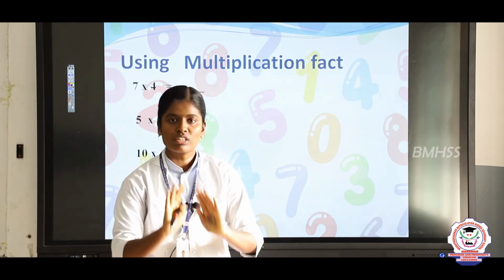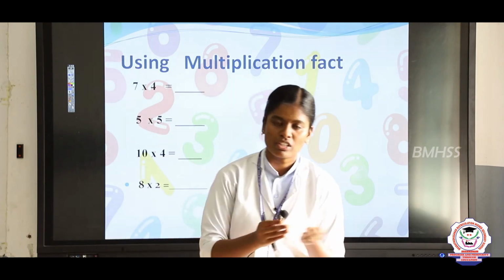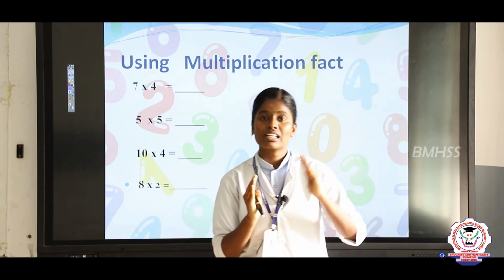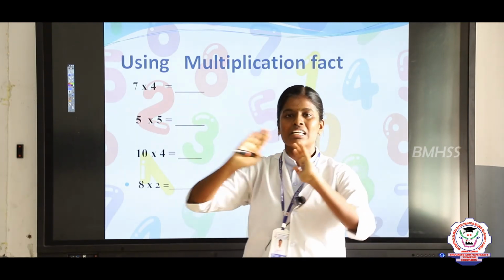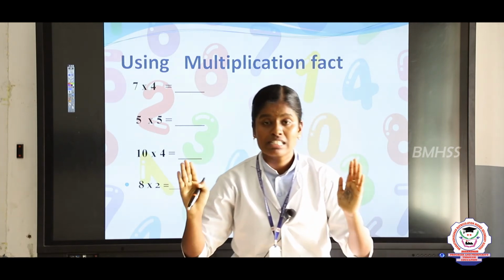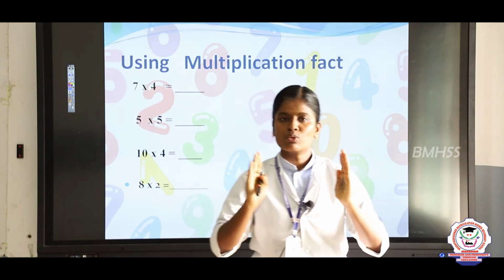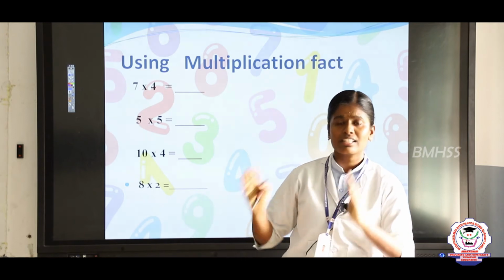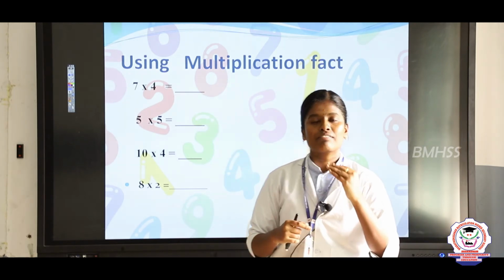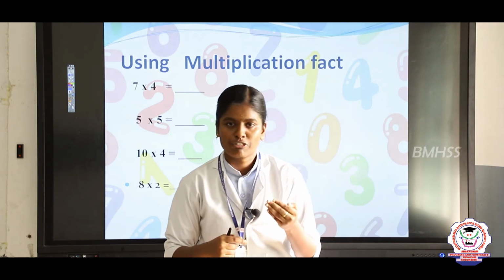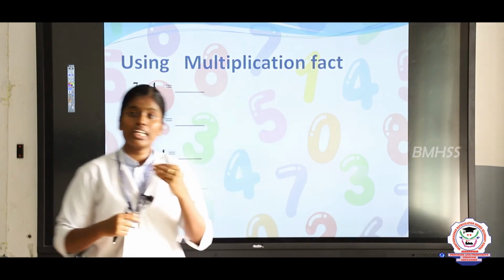So my dear students, already you know what multiplication is. Multiplication means repeated addition. Now take 7 4s are, which means 7 times of 4. Using addition you can write the answer, or if you know it, write the answer straight away. So what is the answer? 7 4s are 7 times of 4. The answer is 28.